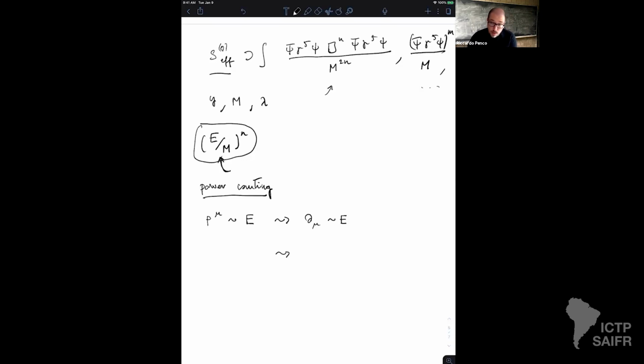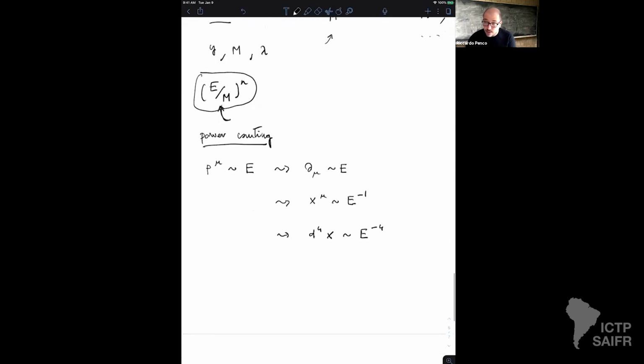And now, by using an uncertainty principle argument, this means that x^μ should scale like the inverse of an energy, and that something like a measure of integration that contains four x's should scale like four inverse powers of the energy.